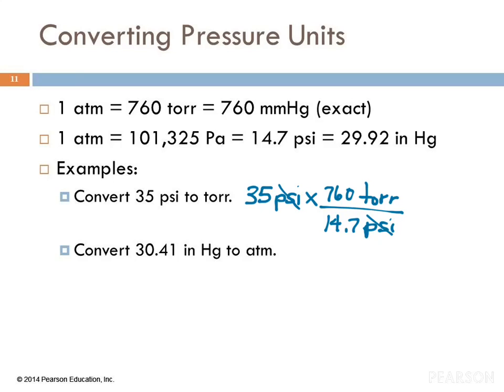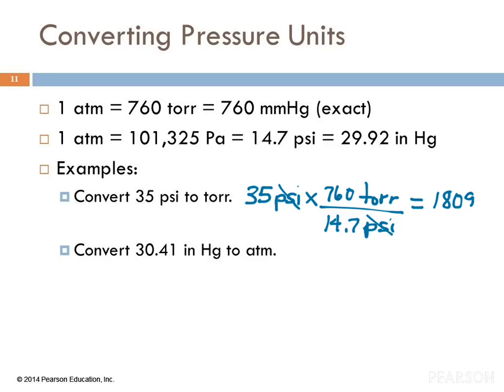Can't find my calculator. 35 times 760 divided by 14.7. How many significant figures should that have? I heard mumbling. 2. 35 only has 2.